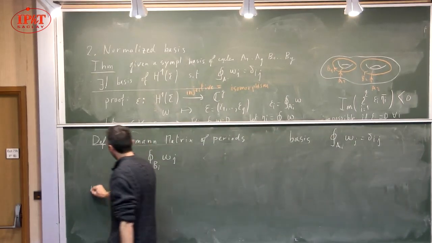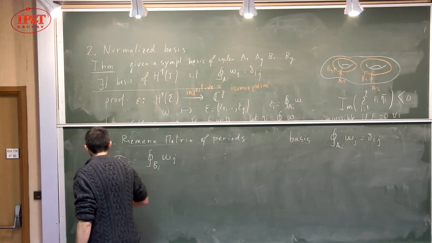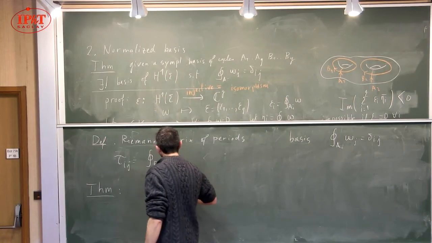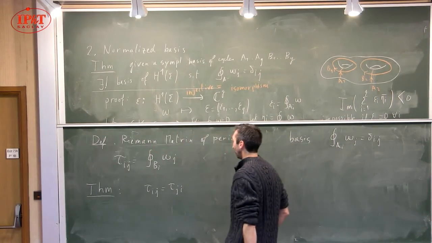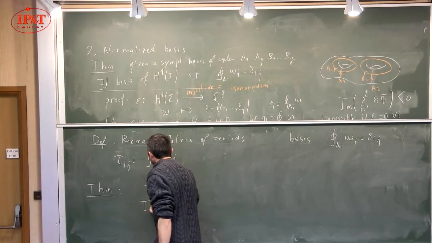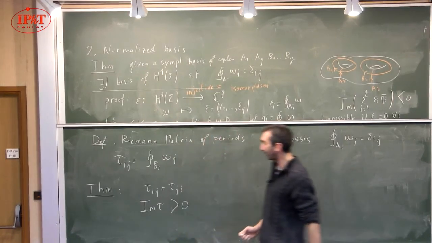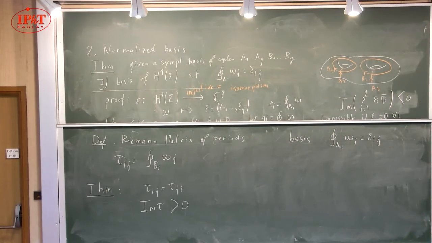And there will be a theorem: tau_ij equals tau_ji, and the imaginary part of the matrix tau is positive definite.